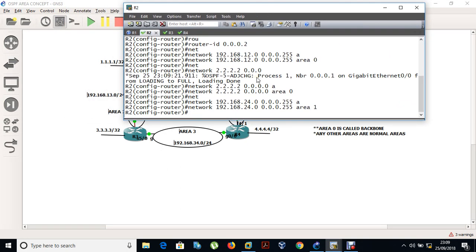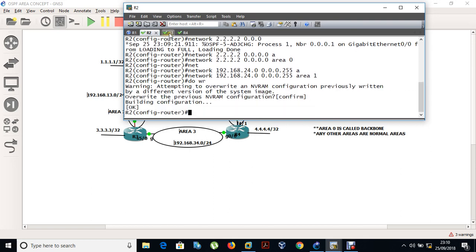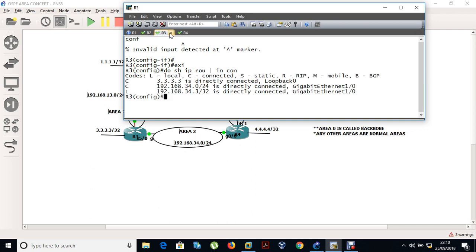Okay, and you're just going to do, let me go to R3. Okay, do show IP route include connected, and then I'll say router OSPF 1, router ID.